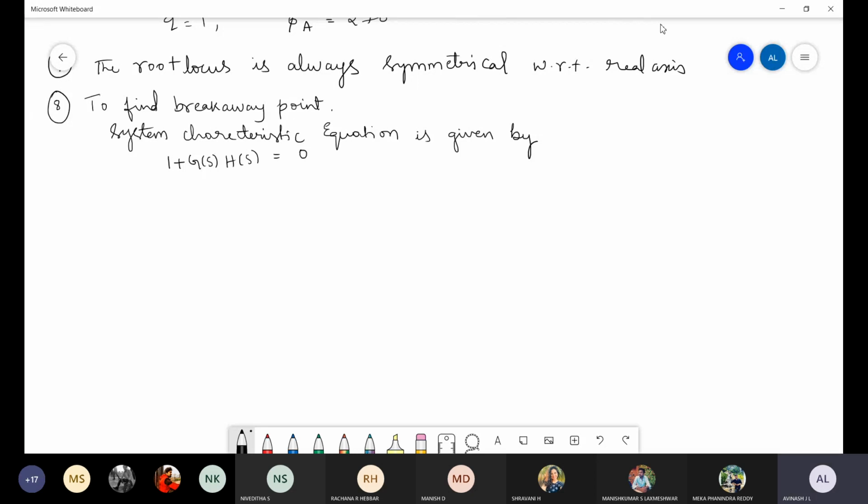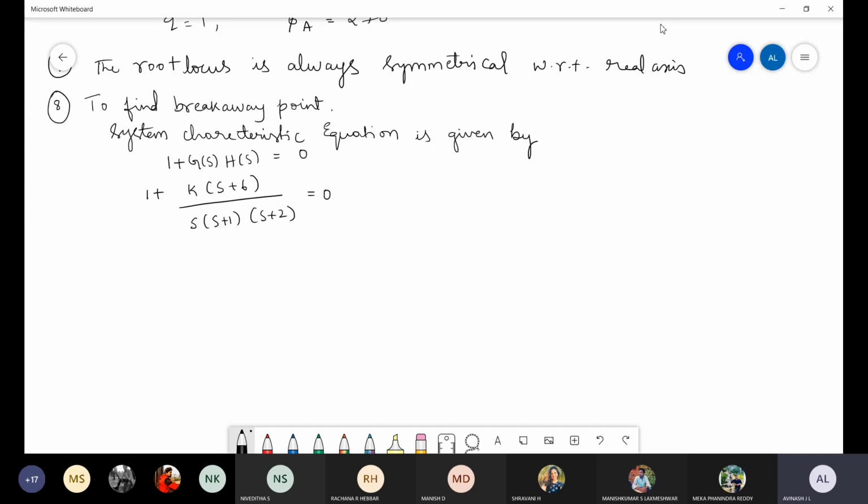So we need to substitute the value of G(s) H(s), they have given the value, that is K into (s plus 6) divided by s into (s plus 1) into (s plus 2). So that is equal to 0.